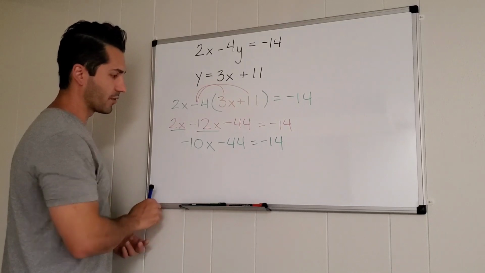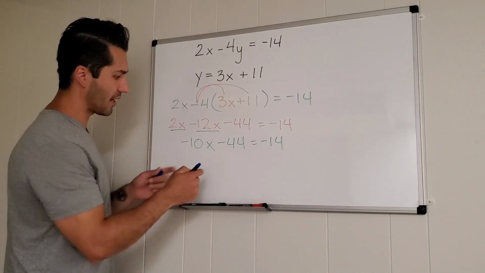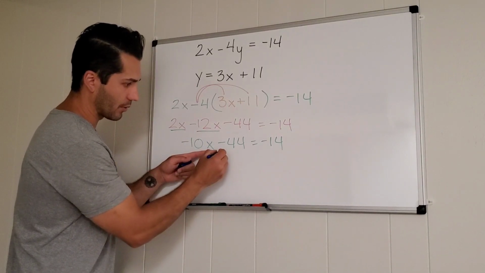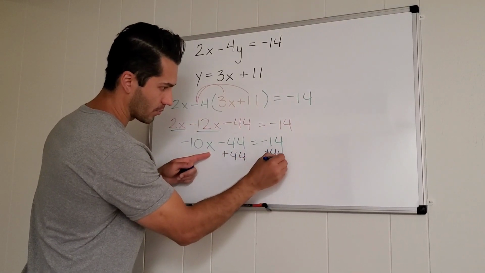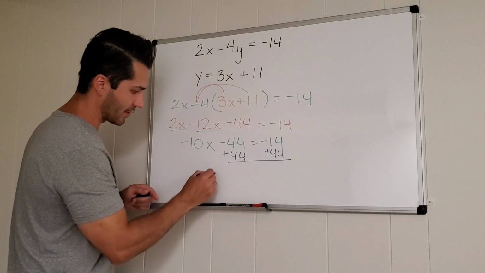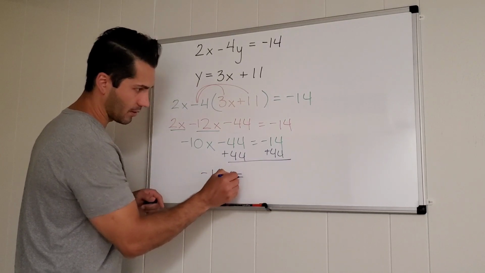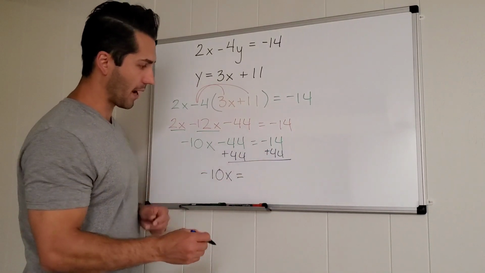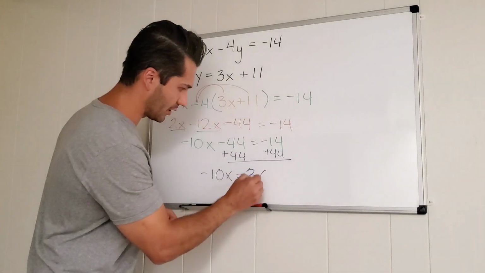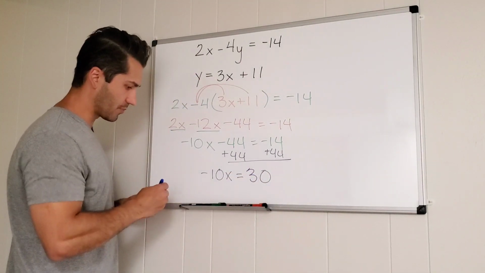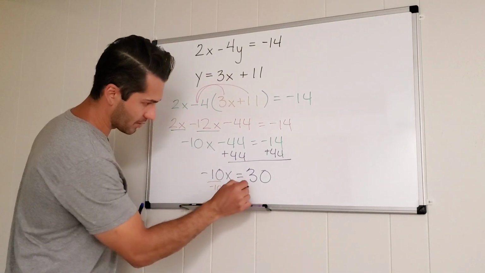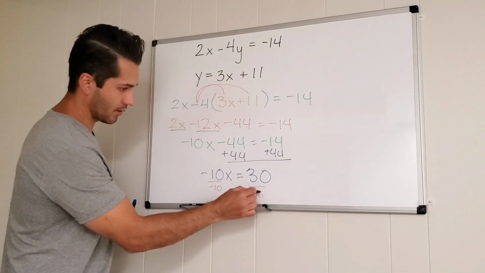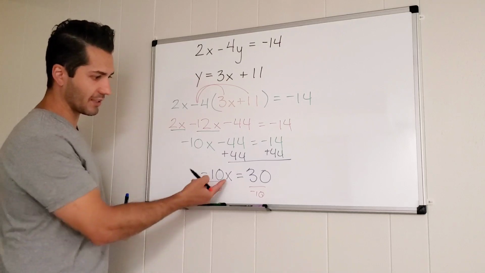Keep solving whatever's furthest away but on the same side. Get rid of it, so there's x. Get rid of that 44, so plus 44. Plus 44, I get a negative 10x equals 44 minus 14 is just a 30. Divide by negative 10, divide by negative 10. And I get an x equals negative 3.